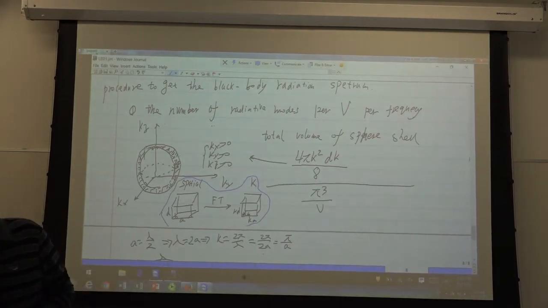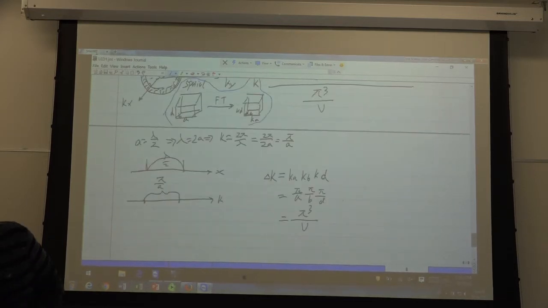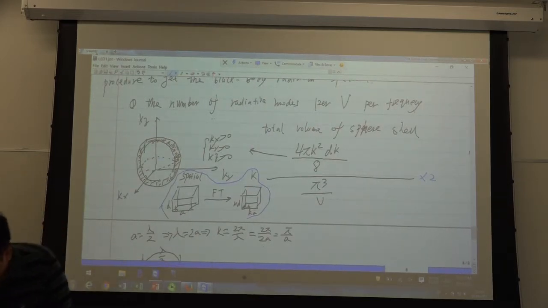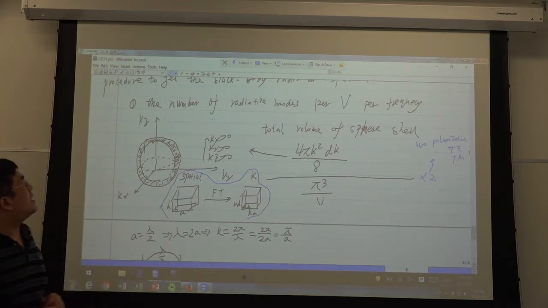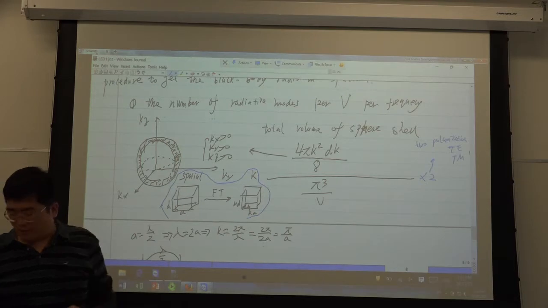I just go down further. So it's easy to derive. Then I multiply by 2 here because there are 2 polarizations, TE and TM. So I finish. This is just the number of modes per unit volume per frequency.